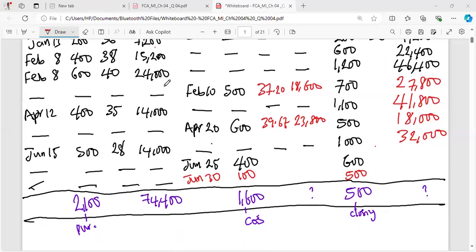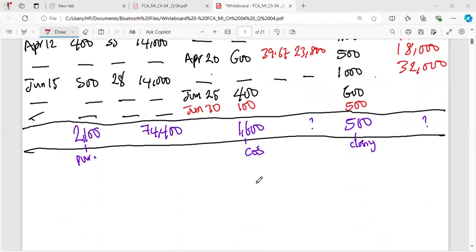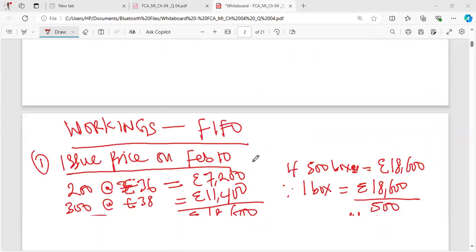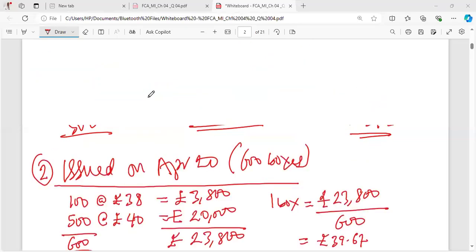All right, so we want to check the 400 that was issued. So how do we check it? What's the issue price? Remember, we took 500 from the one bought at 40 naira.